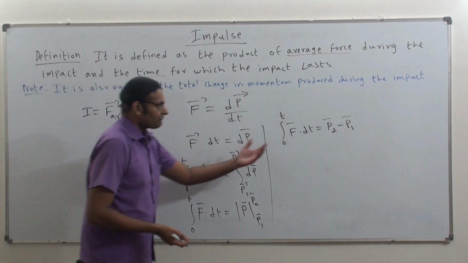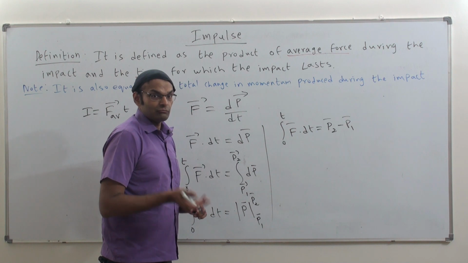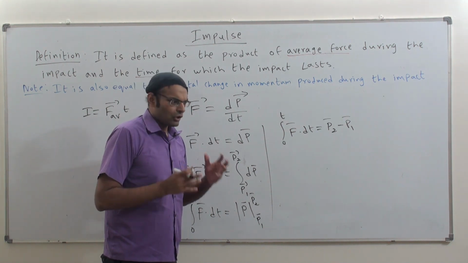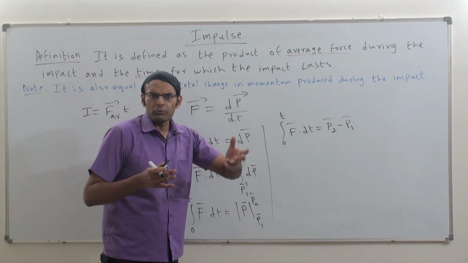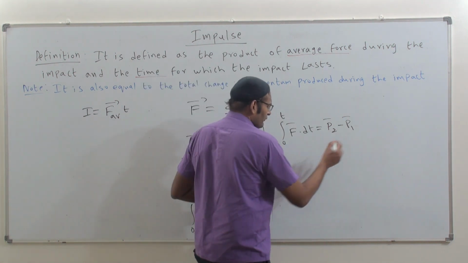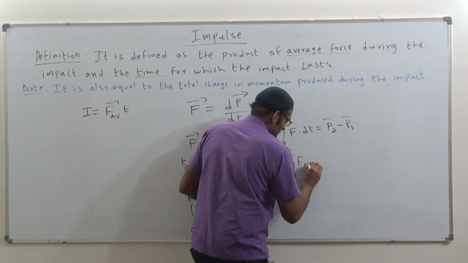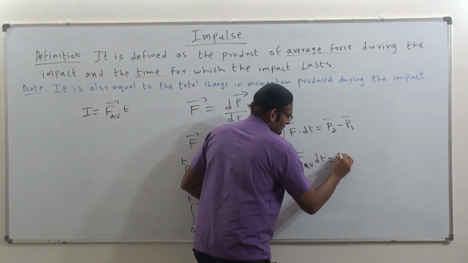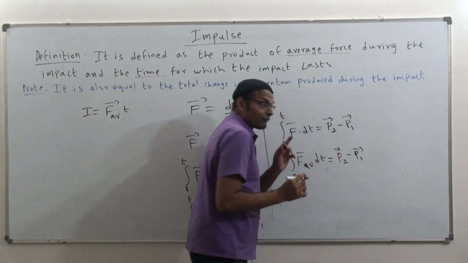Now I have taken the force inside the integration. Now if I take average force into consideration, why am I taking average force? Because it's very difficult to calculate the change in force during the time of impact. So if I take average force, it is constant.